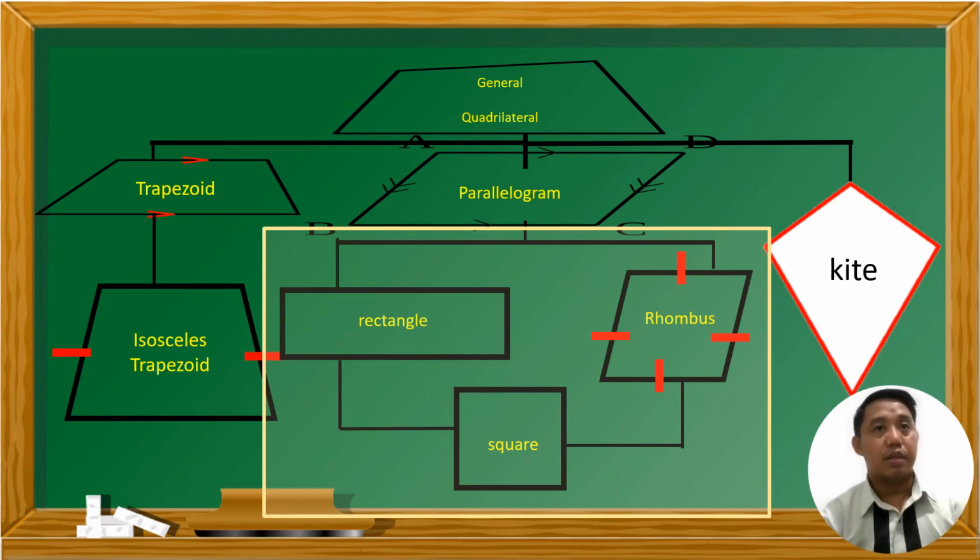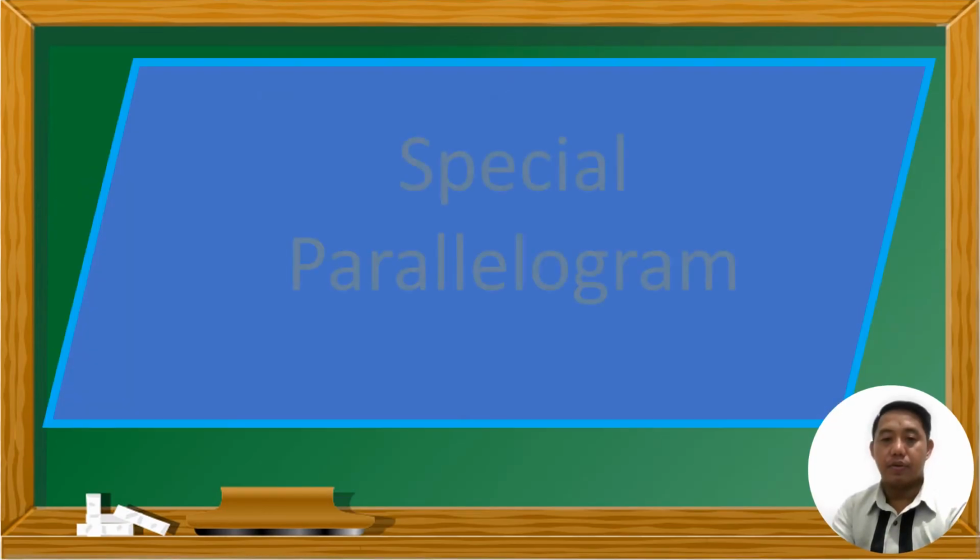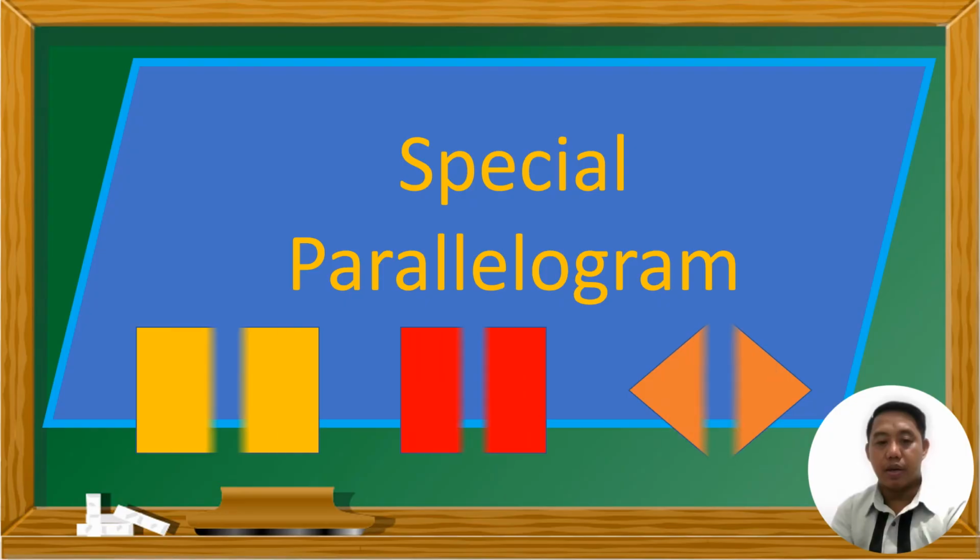Take note of this, no, that yung properties ng parallelogram will be included in these three kinds of special parallelogram. Dadagdagan lang natin kasi may mga properties sila na i-add natin sa rectangle, square, and rhombus. Okay? So let's continue. Special parallelogram, we have the rectangle, the square, and the rhombus.